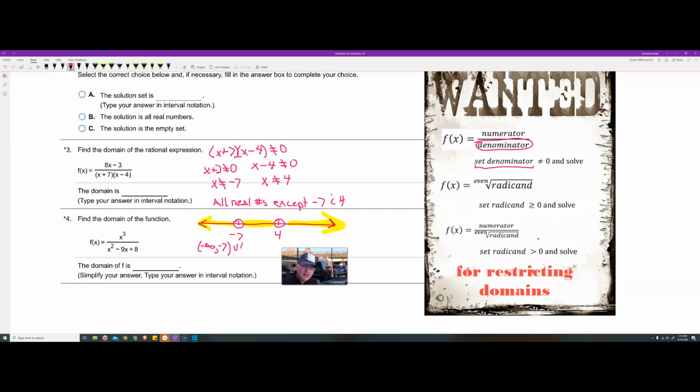Or I can choose any number between -7 and 4, but not -7 or 4, because both of those are not good. Or 4 to infinity. I can choose from any of these 3 buckets of numbers and operate that equation safely.